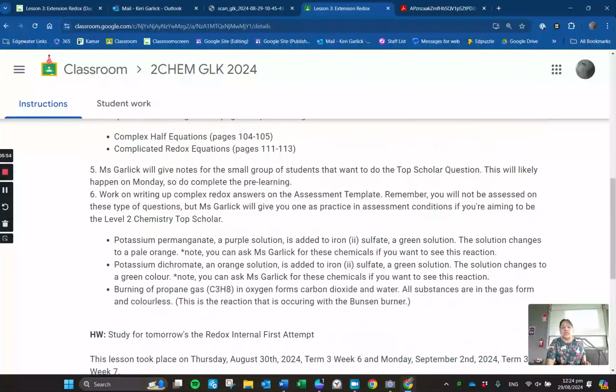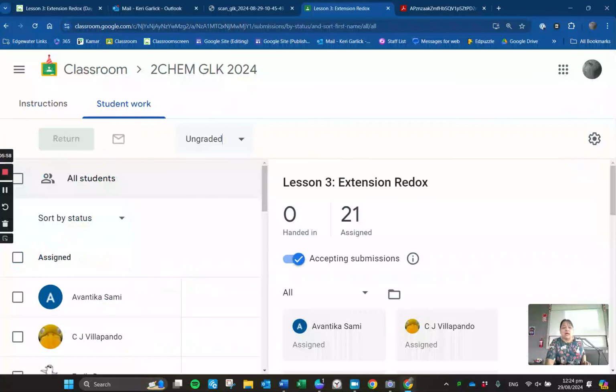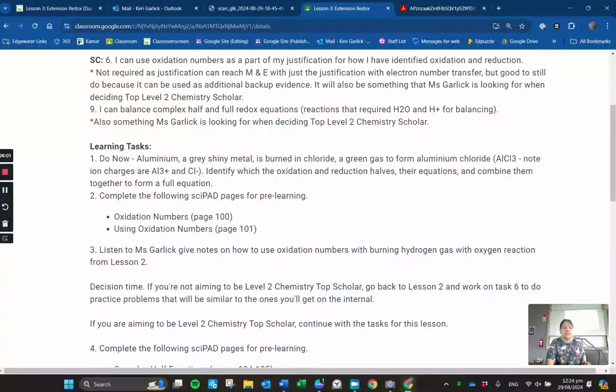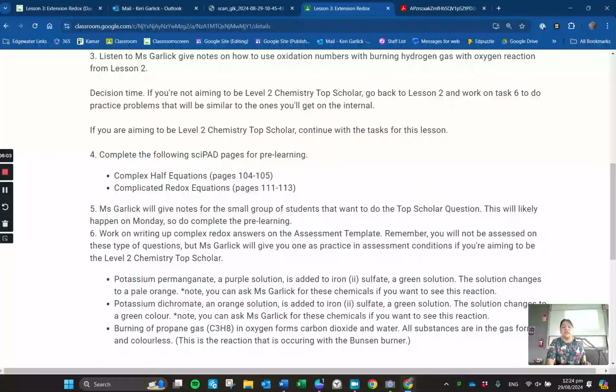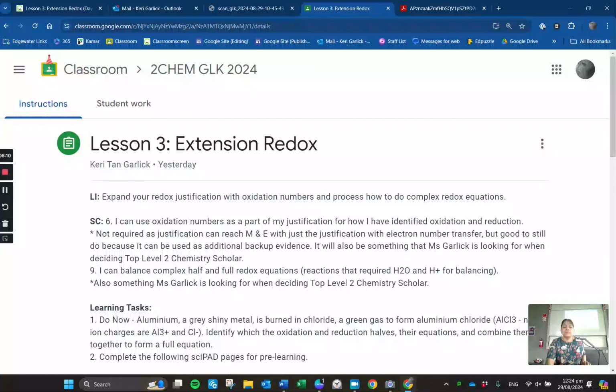I won't give you a question like this on the assessment because it does require you to balance the hydrogens or use the complicated system. So this bit here is what we're going to look at on Monday for those that want to aim for top scholar. But I won't be giving you something like this on the assessment.